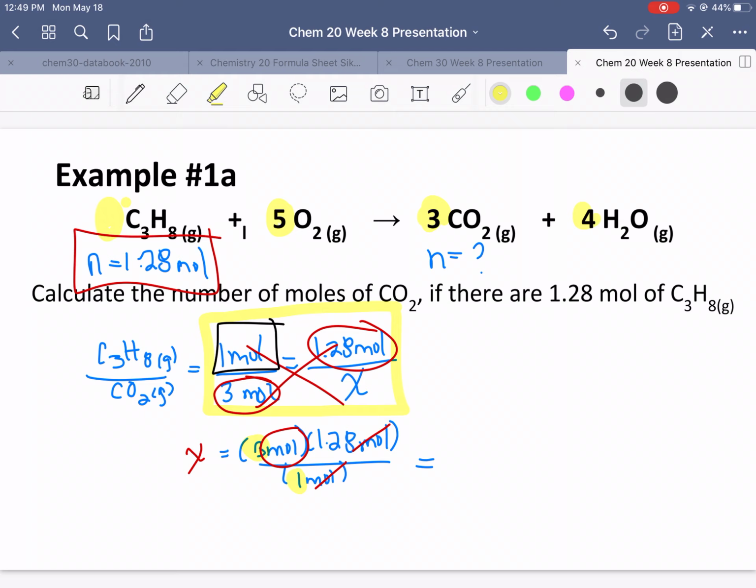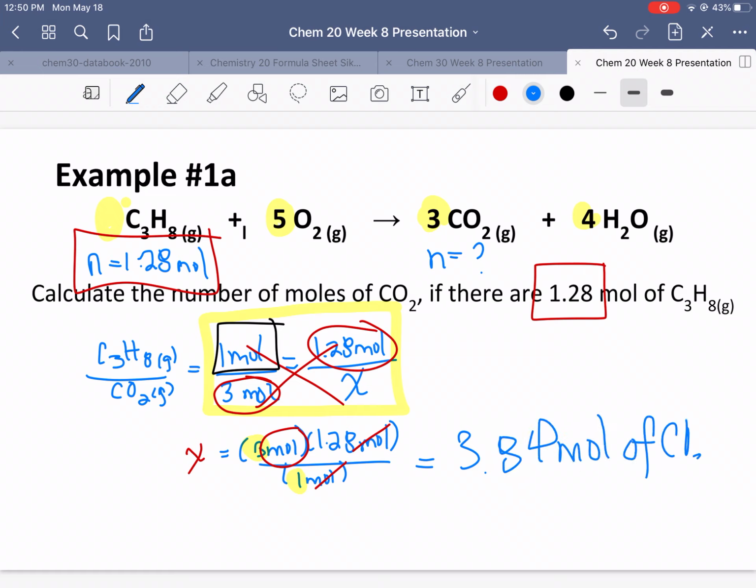So I could write zeros after that 5 till forever, 5.000000, and so on, right? It has an infinite number. So that means you are completely constrained by these sig digs in the question. Your answer, therefore, will have 3 significant digits. In other words, we will have 3.84 moles of CO2 gas. And that is our end answer for the first example.